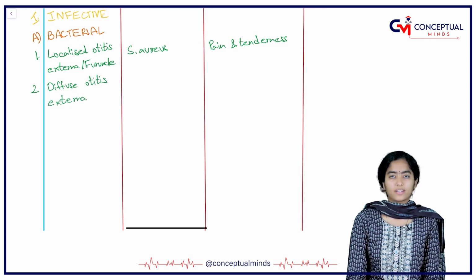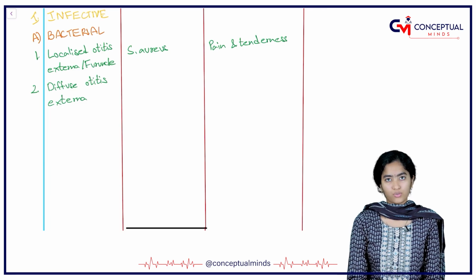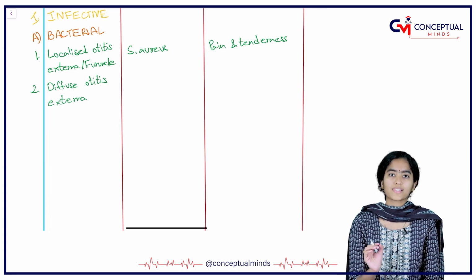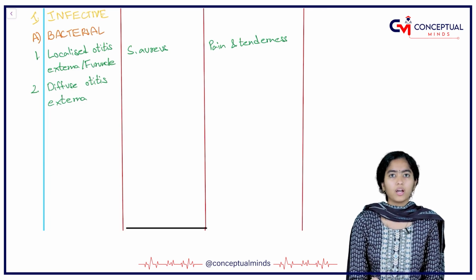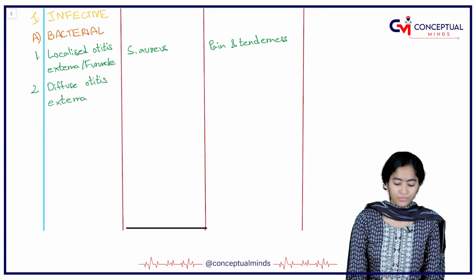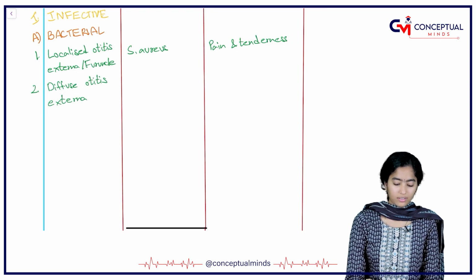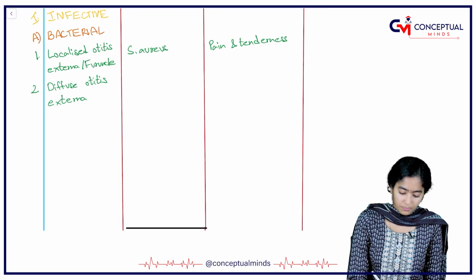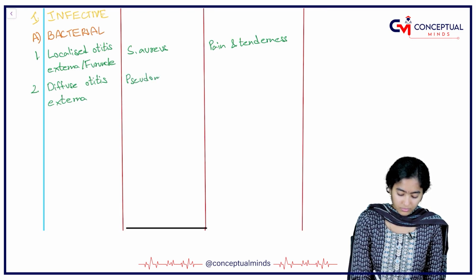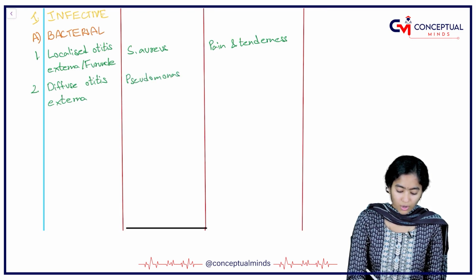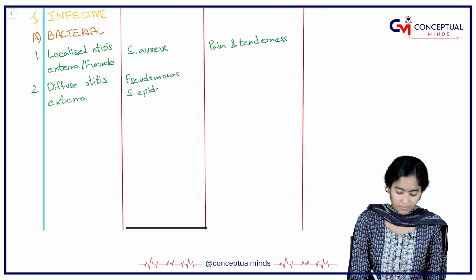Diffuse otitis externa involves the entire external auditory canal, unlike furuncle, which is a single or sometimes multiple boil-like condition. But diffuse otitis externa is present all through the external auditory canal, and it is caused most commonly by Pseudomonas, followed by Staph epidermidis, followed by Staph aureus.